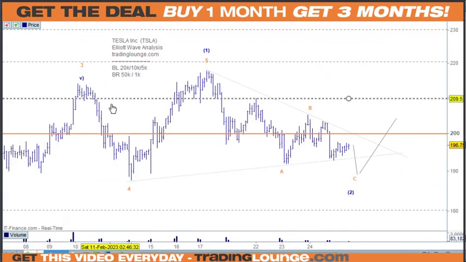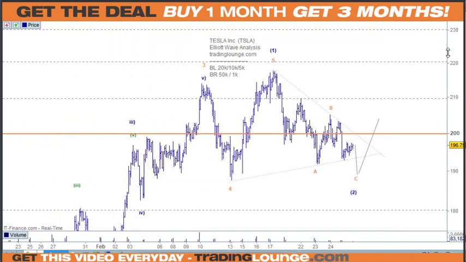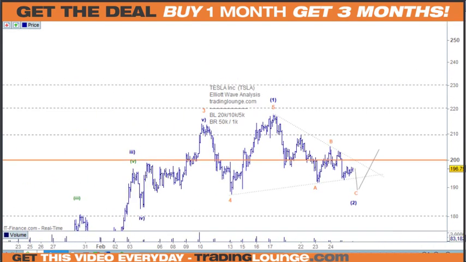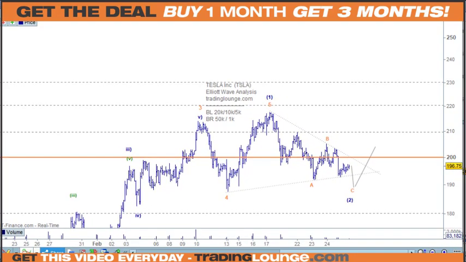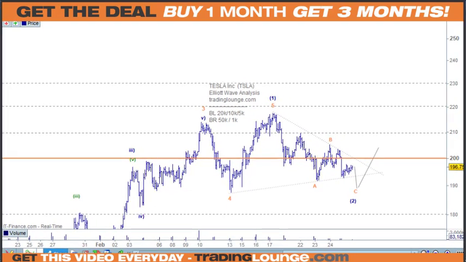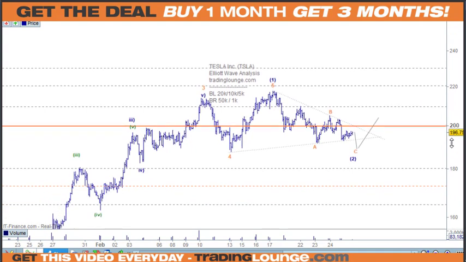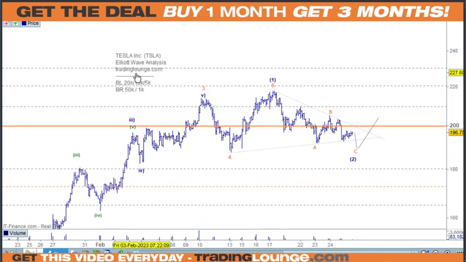And Tesla is snaking across the 200 nicely at this point. So doing everything it's supposed to be doing. A bit like the other markets, the S&P could possibly see another low in here for this.